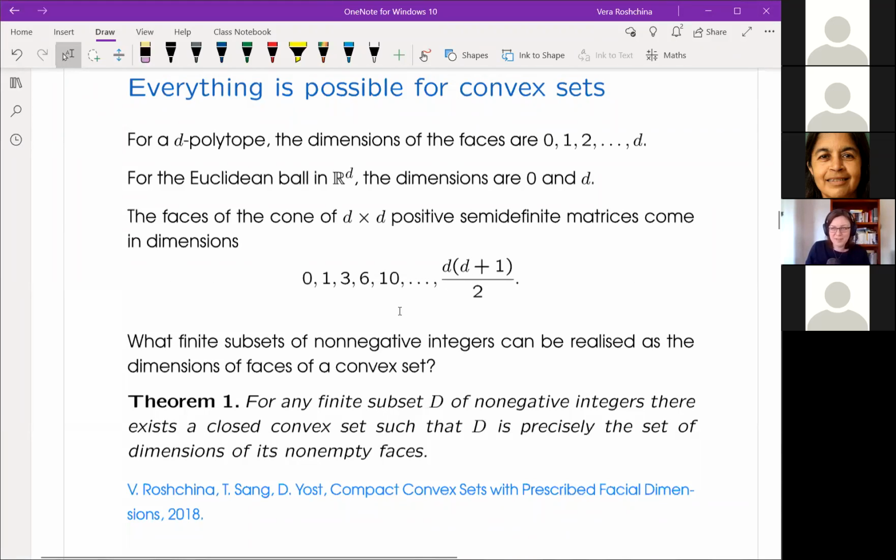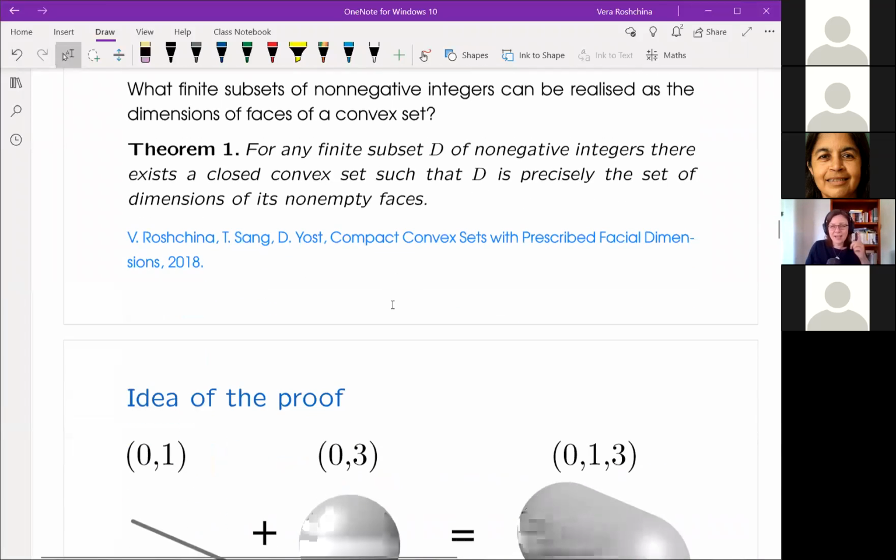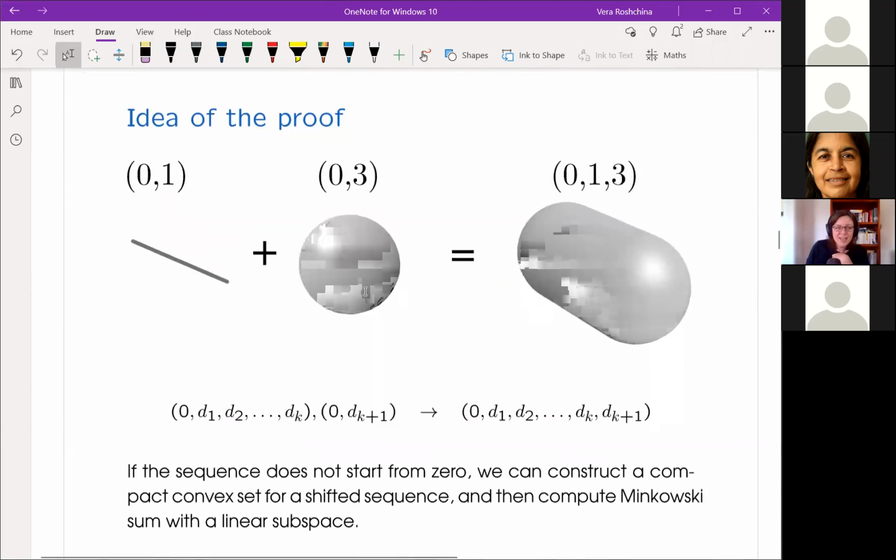The proof is inductive. I'm going to show you how to do it starting from 0, but you can do it starting from any non-negative integer. If you write down a finite sequence of increasing integers, starting from 0, you can always find a compact convex set that has faces precisely in those dimensions. The idea is a recursive or inductive construction.